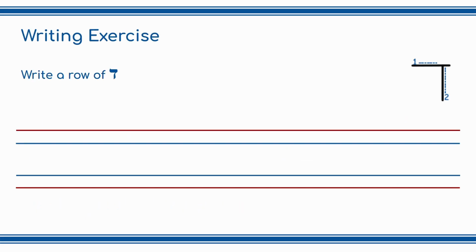Okay. Next thing you're going to do for your exercise is you're going to write the letter Dalet out. So you start with a horizontal line, like this, and then a vertical line, like that. What you need to keep in mind is to make sure when you're writing it that this part sticks out.